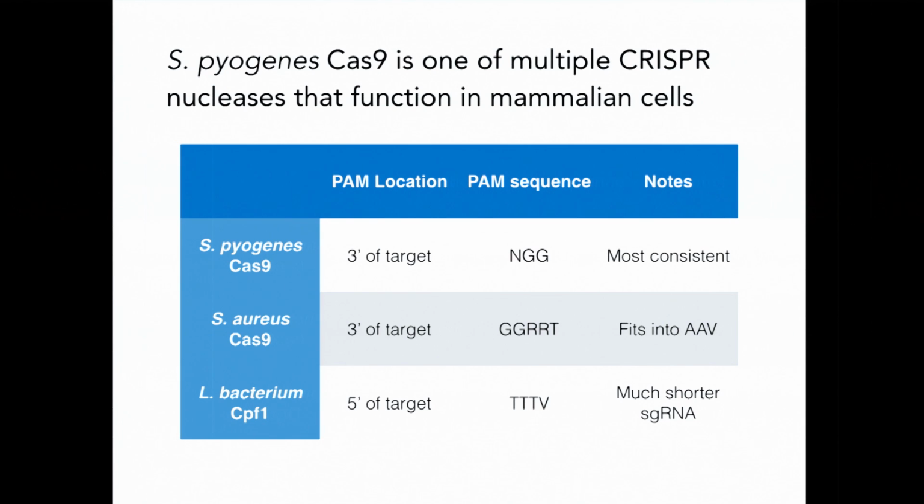And instead of the PAM being G-rich, the PAM is pyrimidine rich, in this case TTTV. So this can be useful for targeting AT-rich regions of the genome, which is, of course, of interest to a lot of people. And the other thing to note is that the sgRNA is much shorter. So for certain applications, that can be a big advantage.